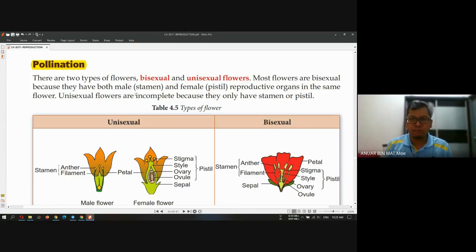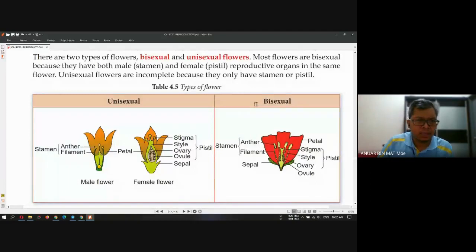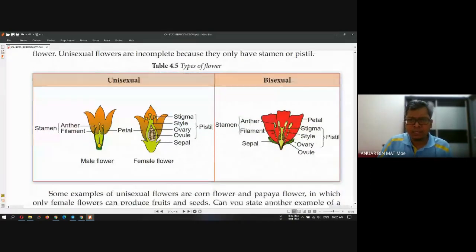So what is the meaning of pollination? Before that, there are two types of flower, bisexual and unisexual, right? If you look at the picture here, bisexual means one flower consists of male and female parts in one flower.